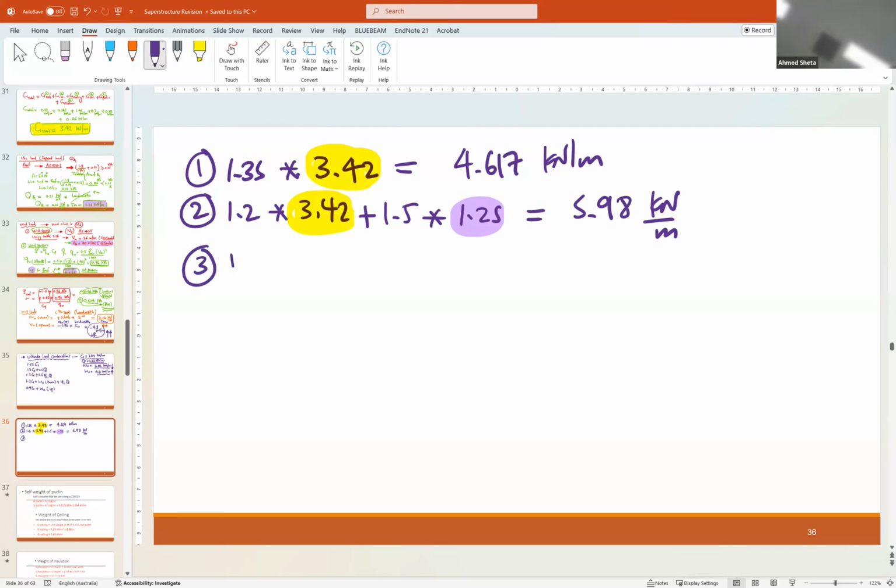The third one is 1.2 G plus 1.5 times epsi L times Q. How much is epsi L for a roof?